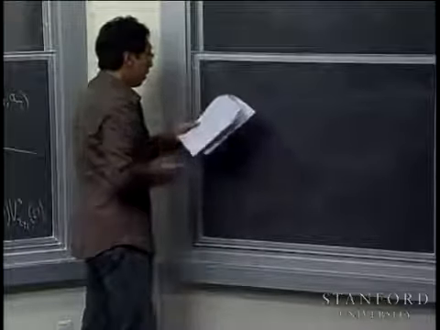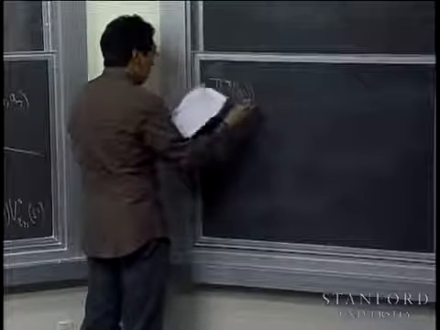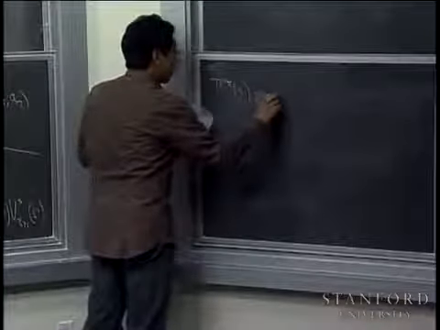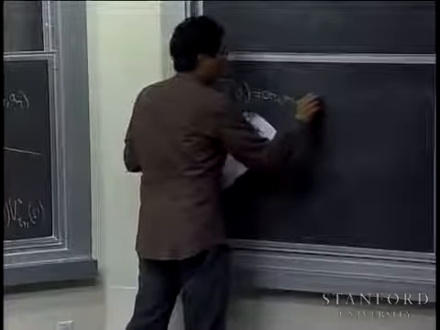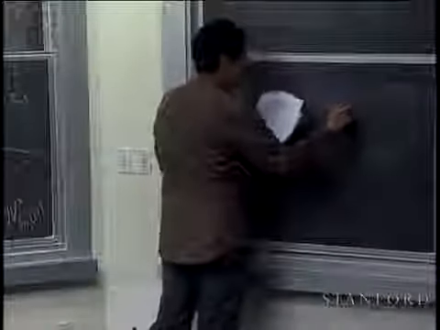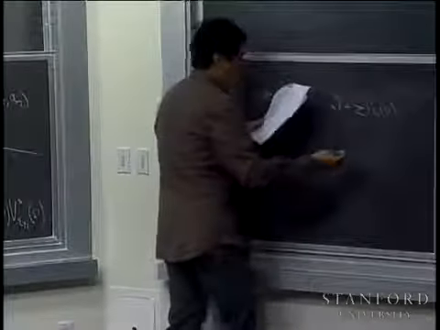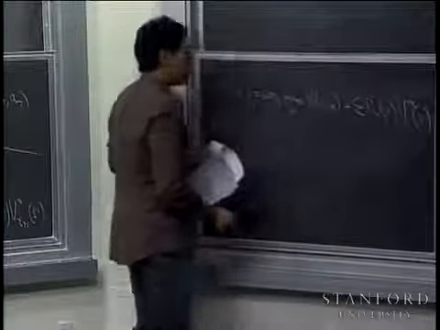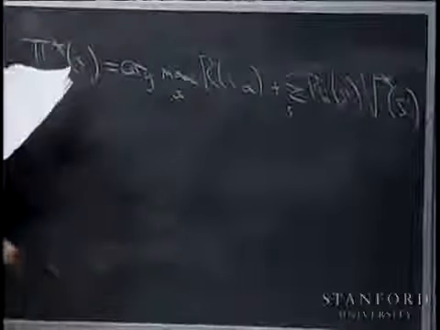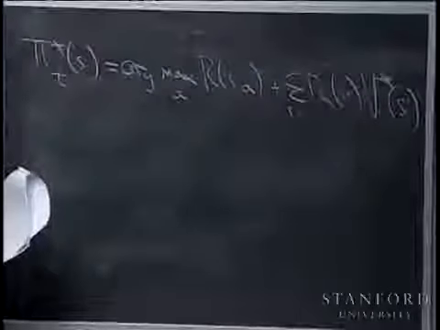Okay, cool. And then the final step is, well, previously we said that pi star of S, I'm going to come back and change this a bit, was the argmax over actions A of R of SA plus the sum over S prime of P_SA(S prime) times V star of S prime. This is sort of what we had. And in the finite horizon case, the optimal action may depend on what time it is.